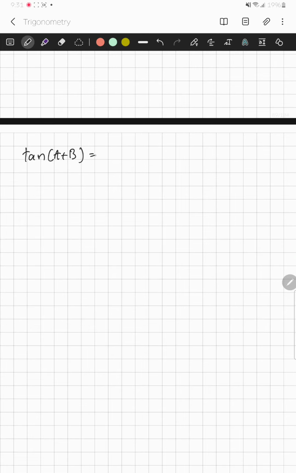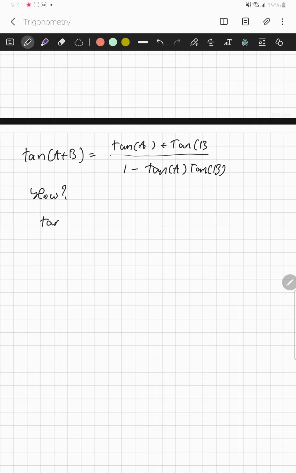We know that tan of a plus b equals tan a plus tan b, divided by 1 minus tan a tan b. But how? Very easy, very simple.